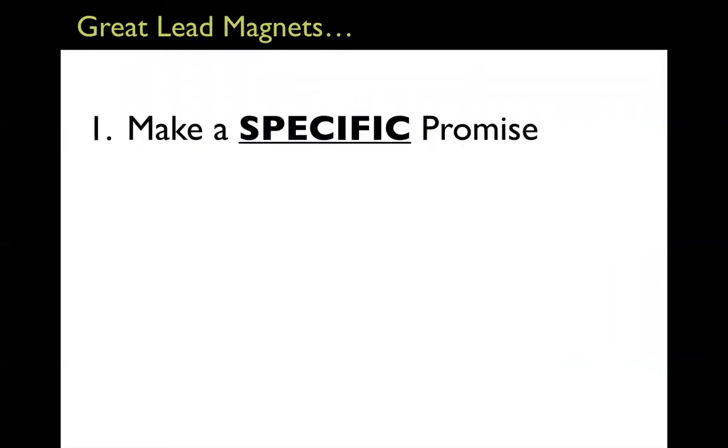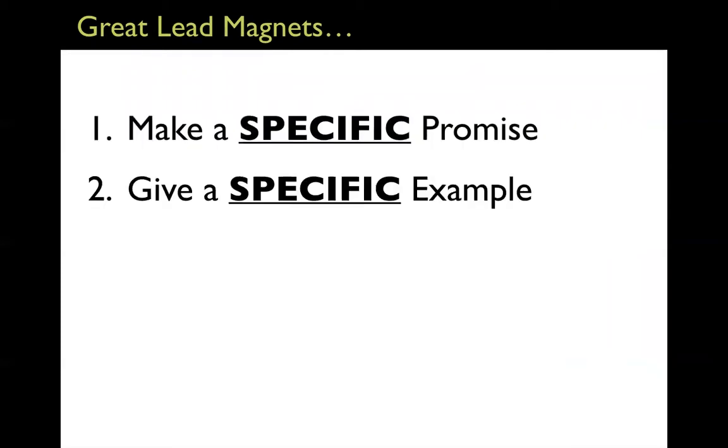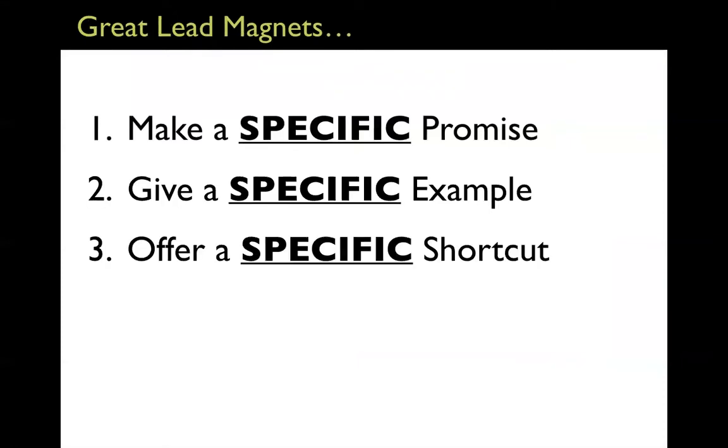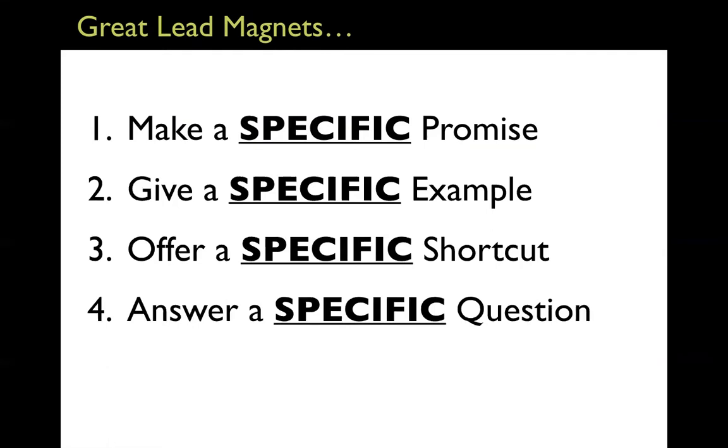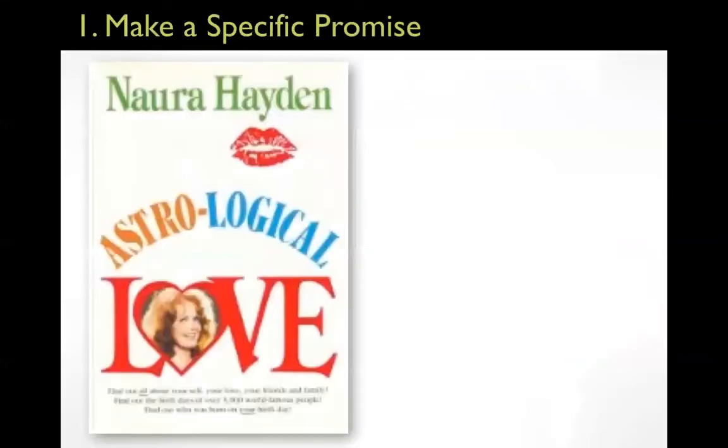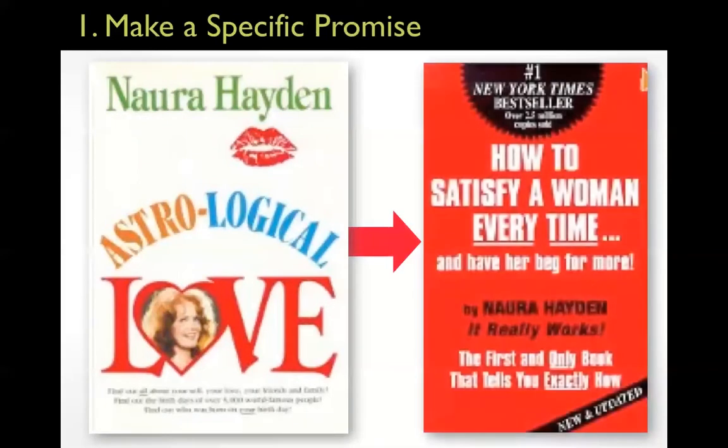Now, let me show you a few great lead magnets. A great lead magnet will make a specific promise, give a specific example, offer a specific shortcut, answer a specific question. So here we go. Make a specific promise. This is a book by Nara Hayden, and it's called Astrological Love.